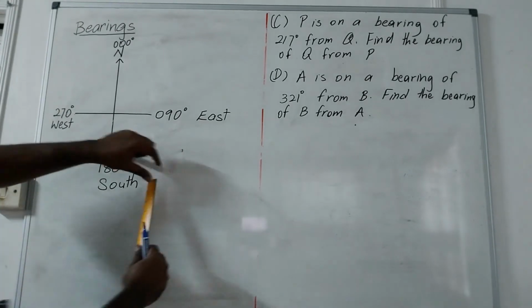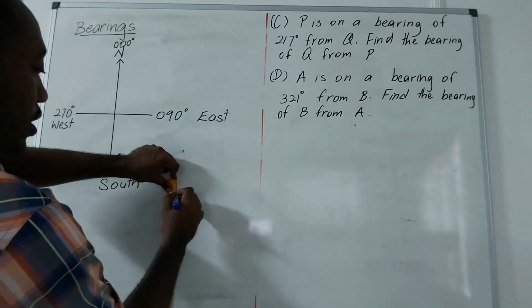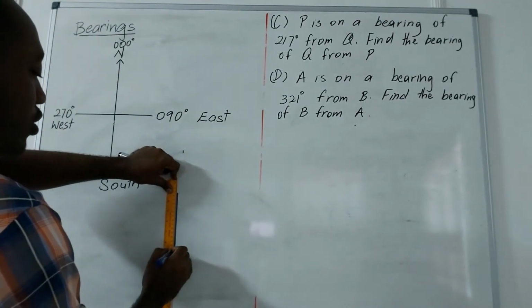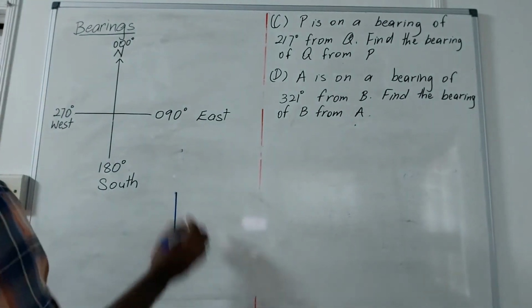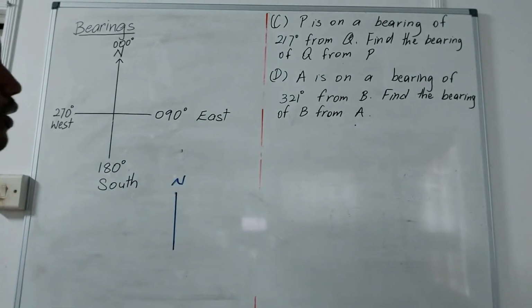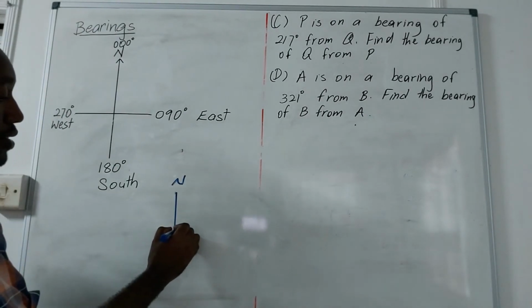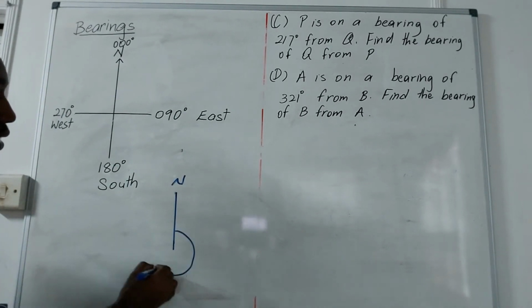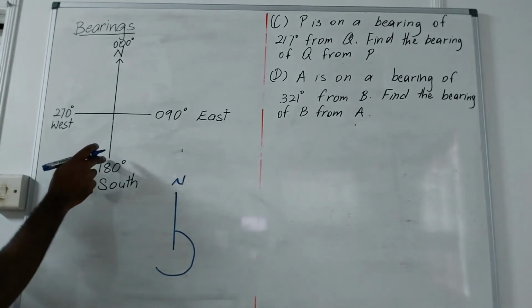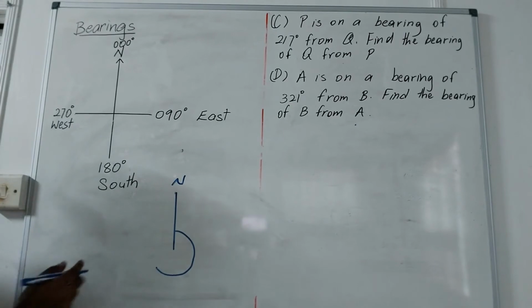So our north line first, remember to draw your north line. Alright? And a bearing of 217 degrees will be around here. See, it is between 180 and 270, so it is somewhere in this quadrant.